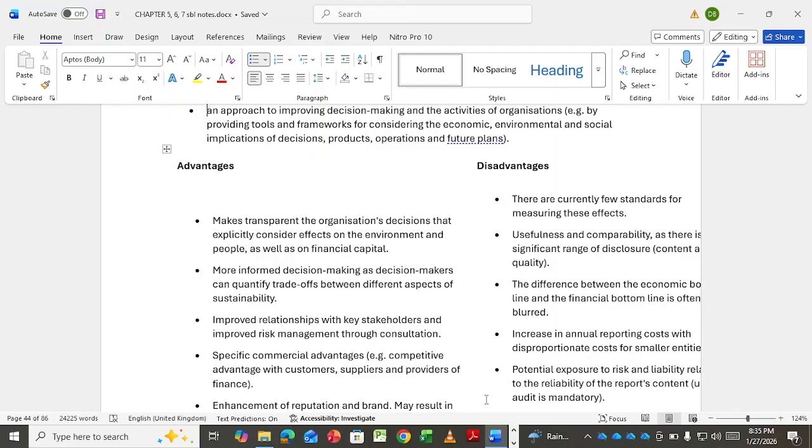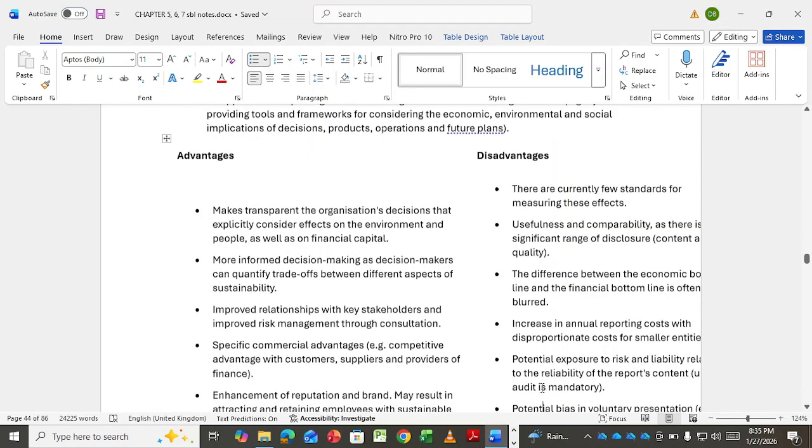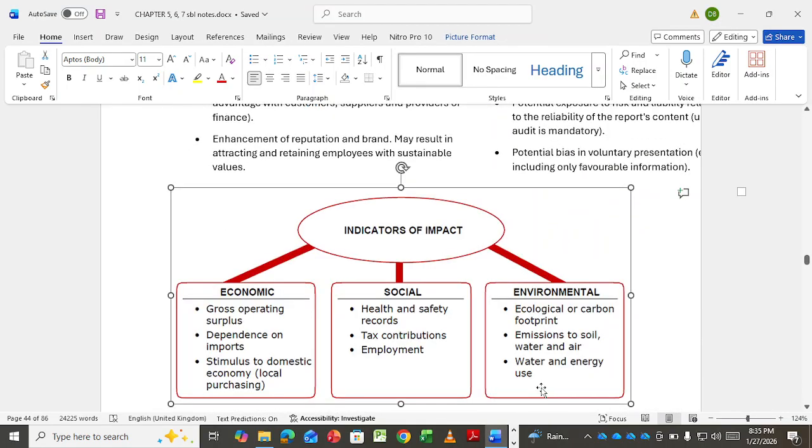So they could see what you are not doing well, especially the competitors, and do it better. There is also potential bias in the voluntary presentation. Because this is done voluntarily, of course there could be bias in the reporting.